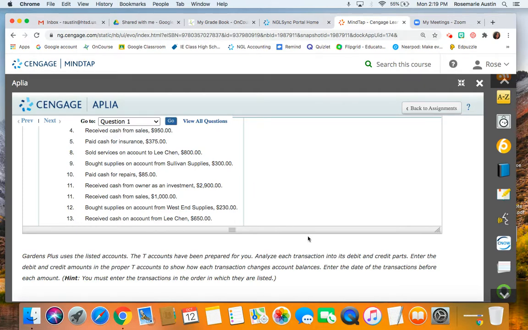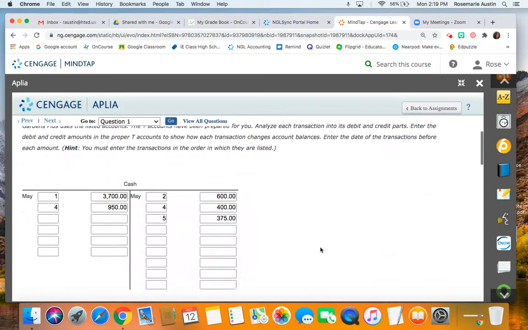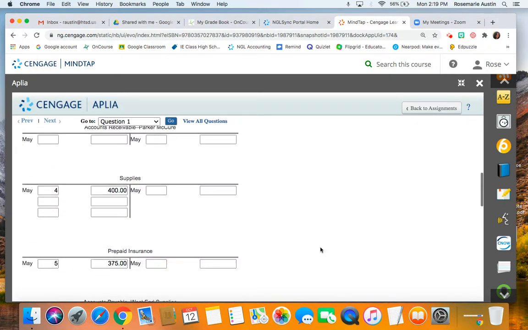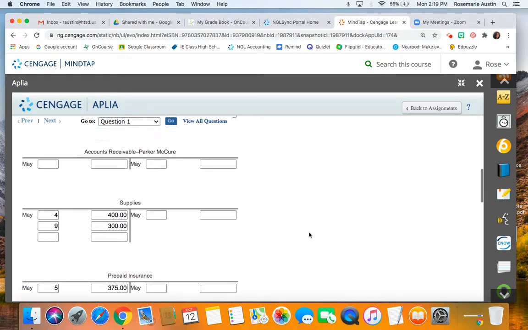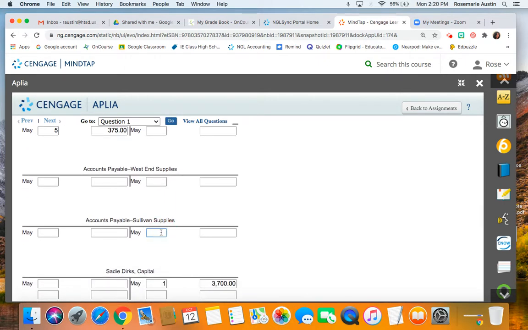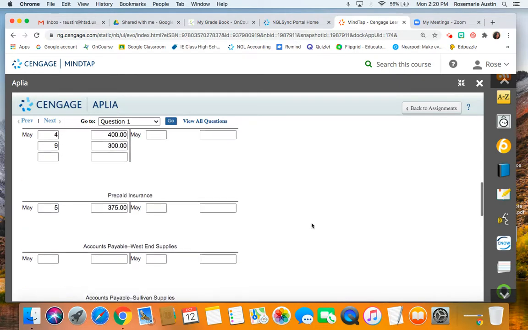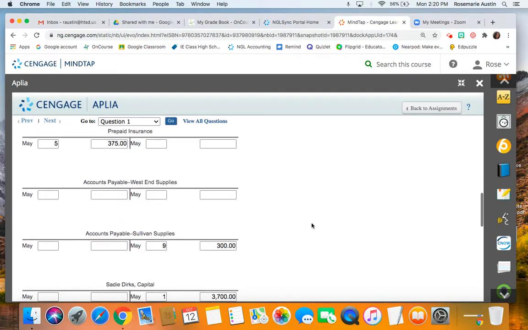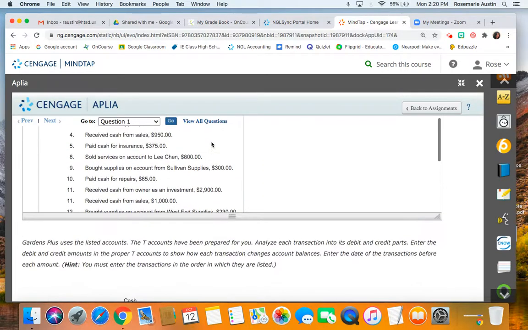So we'll do that one first. May 9th for supplies is a debit of $300. So let's put that in there. And it's May 9th. Then we bought on account. So let's find our account payable for Sullivan Supplies. There it is. May 9th, $300. And that's it. That was the 9th.